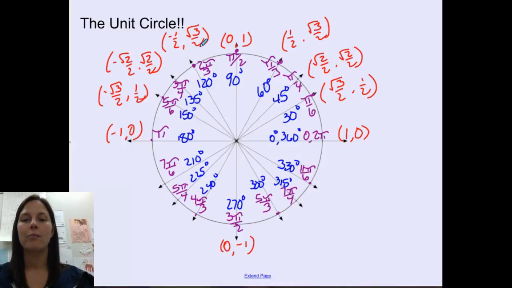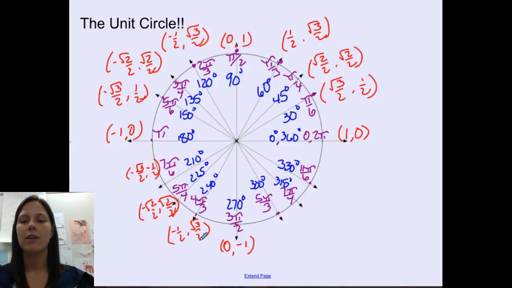Again, flipping and reflecting into the third quadrant where both ordered pairs will be negative. We have negative root 3 over 2, negative 1/2, closest to the x-axis. The one in the middle, negative root 2 over 2, negative root 2 over 2. And the one closest to the y-axis, negative 1/2, negative root 3 over 2.